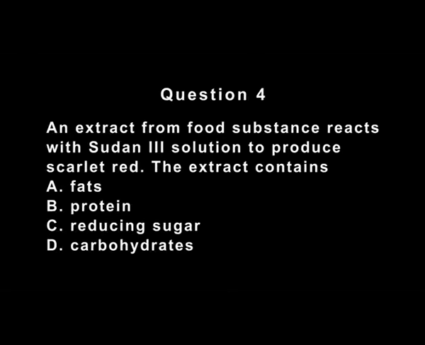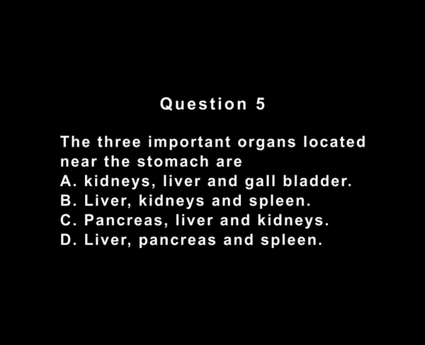Reducing sugar, we use Benedict's solution or Fehling's solution. Here we are talking of Sudan 3 solution. Protein, we are either using the biuret test or Millon's reagent. So the answer is fat. Sudan 3 solution is used to test for fat. A is the answer.